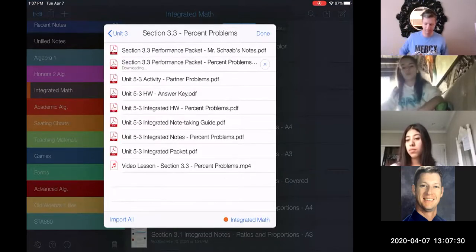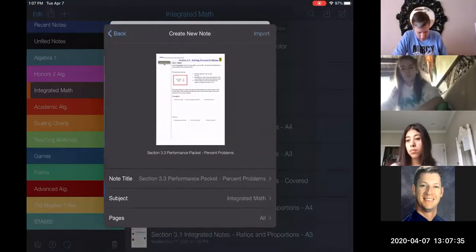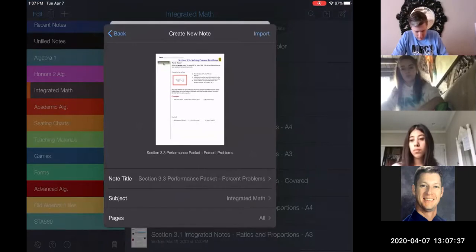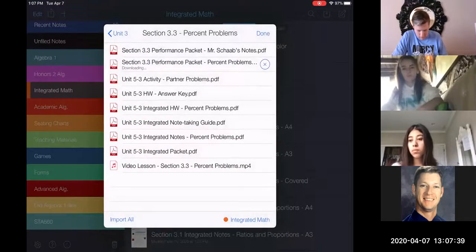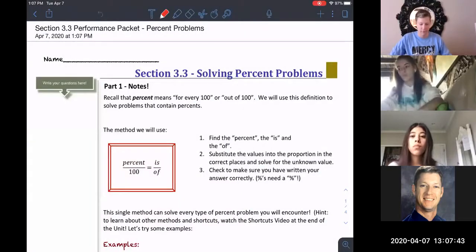And here we go. I'll just get this open in Notability. All right, so this is what we're looking at.